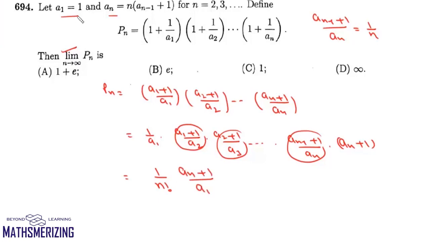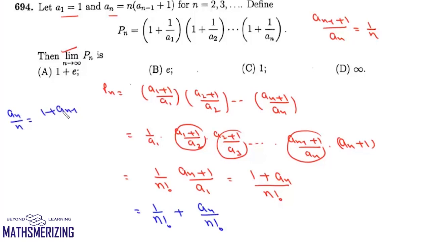Now we are also given that a1 is 1. So we can write this as 1 plus an upon factorial n. Now this is 1 upon factorial n plus an upon factorial n. Now an upon n is an minus 1 plus 1, so we can write an upon n as 1 plus an minus 1.